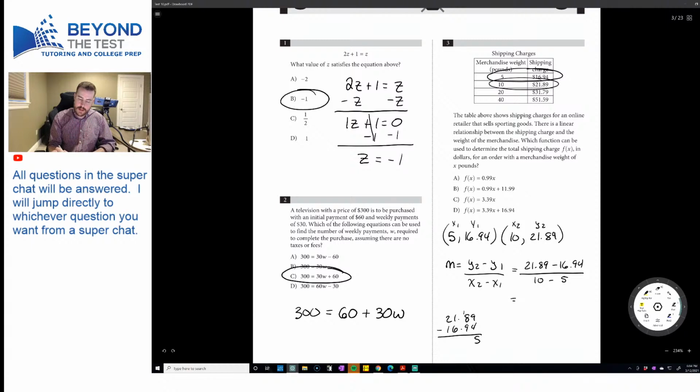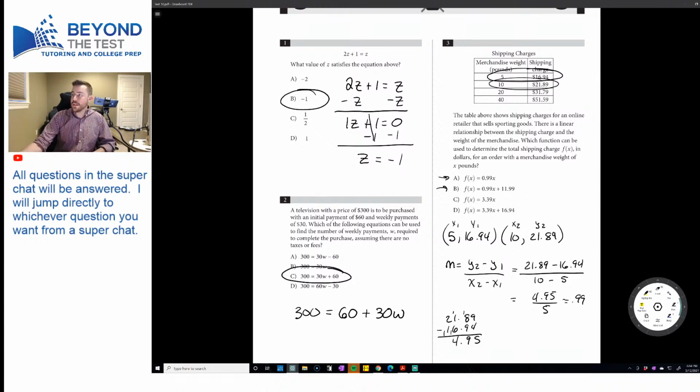So we can go ahead and just do this out here, and we'll end up that this comes out to be 4.95. So it'd be 4.95 over 5, which is really close to $1 here. So you could see right off the bat, our slope is going to be roughly 0.99.